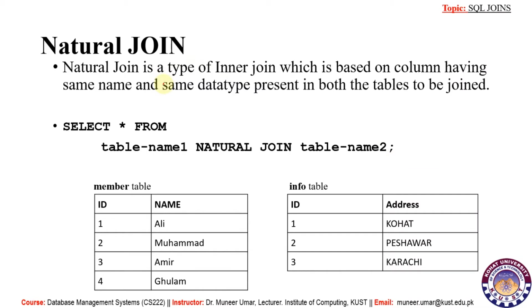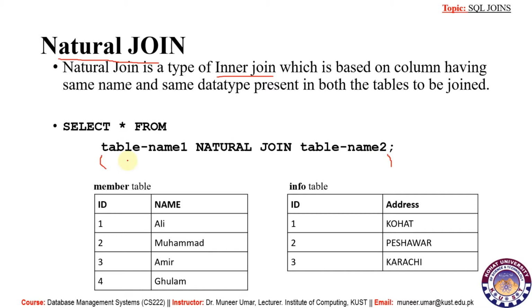This is another type of inner join called natural join. As we know that inner join will give us the matched value, so the natural join will also give the same result as we got by using the equijoin. The main difference is that in equijoin we used the condition just after the select clause, but in natural join there is no need of any where clause in the statement.